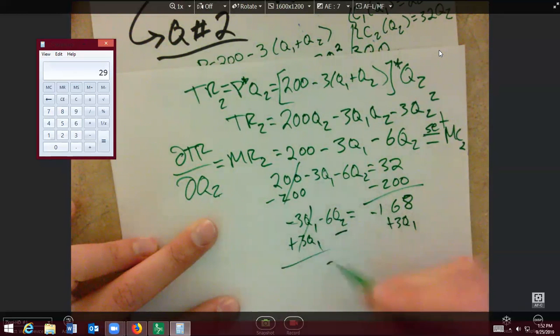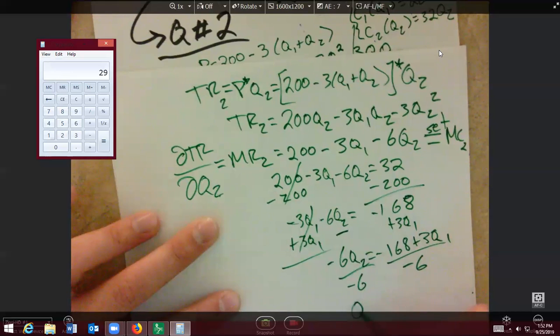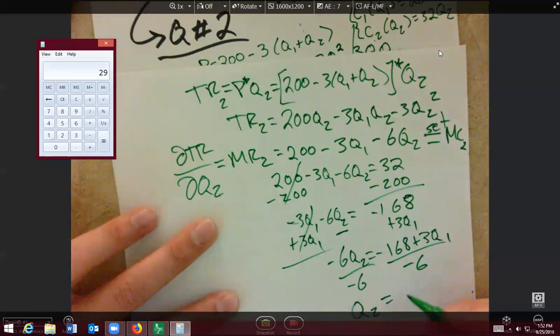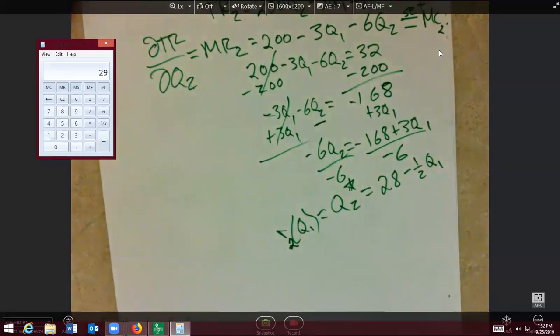To annihilate, we end up with negative 6Q2 is equal to negative 168 plus 3Q1. We're going to divide everything by negative 6. And that ends up equaling 28 minus 1/2 Q1. So this is our Q2 star or reaction function for firm 2 in terms of Q1.